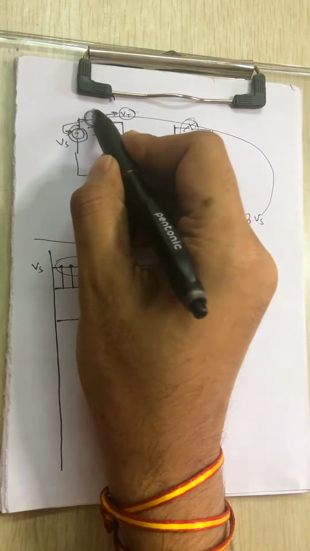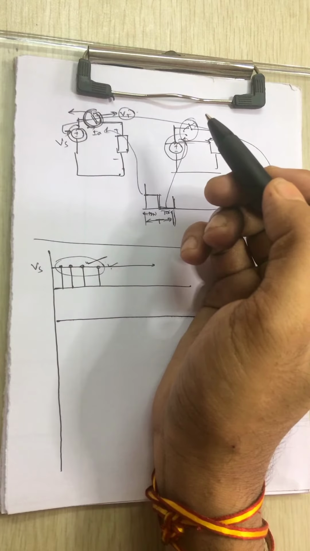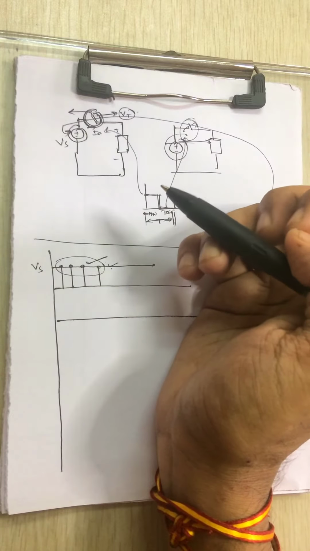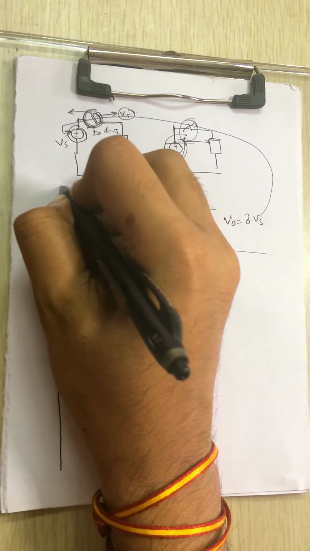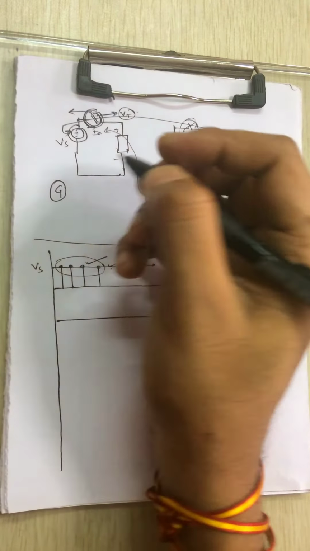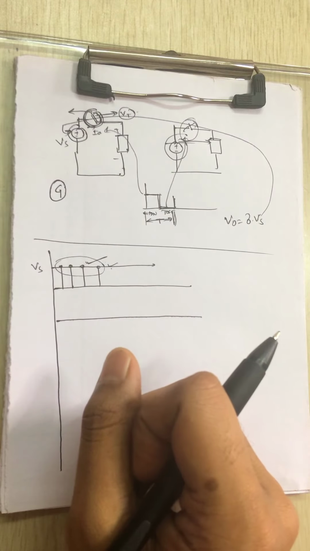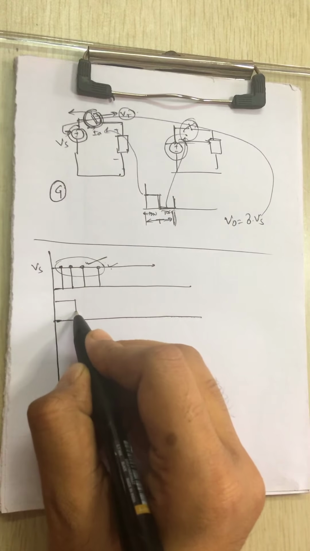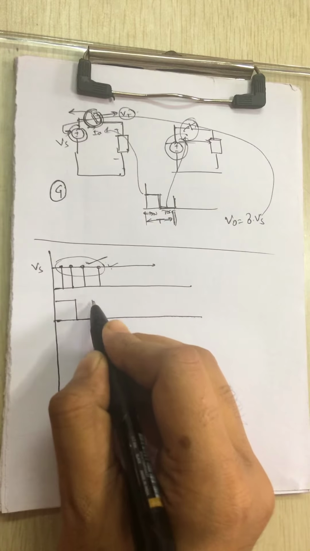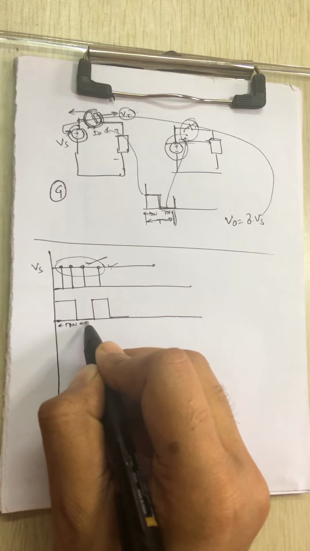Now in power electronics, we have two terminals: a power terminal and a firing terminal, which is the gate terminal. With a gate terminal, you have two possibilities: the circuit is either on or off. By firing it, we are turning it on and off. This is the T on and this is the T off.